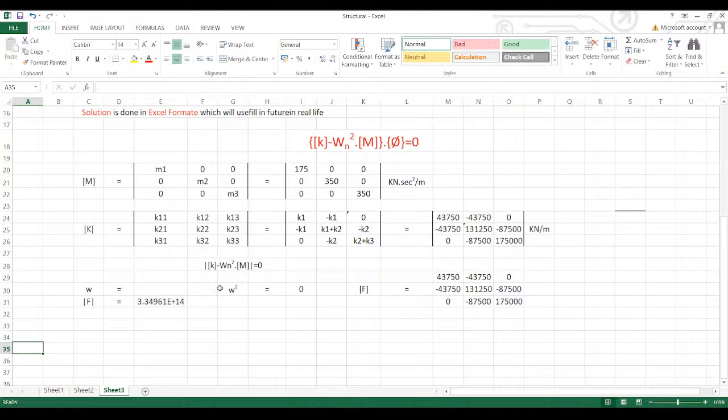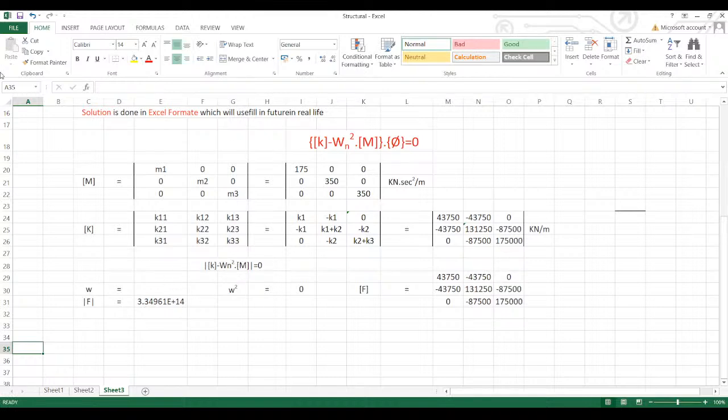There comes the polynomial equation, and solving it you get three values, omega 1, omega 2, and omega 3. But in Excel, we calculate these terms and the determinant of these terms here.